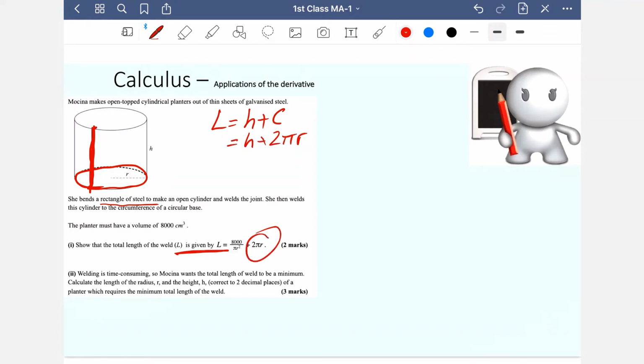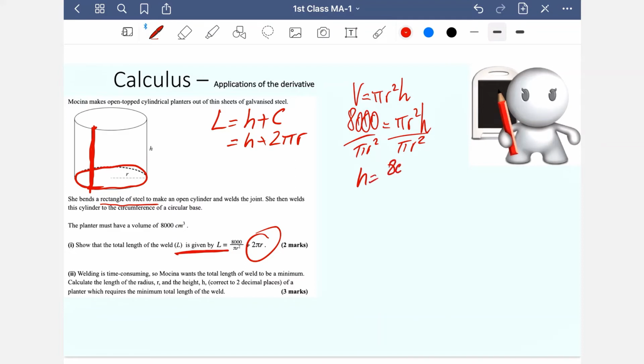I'm nearly there. I've got the 2 pi r part, but I need to somehow link the height to 8,000 over pi r squared. Well, what else have I been given? I've been given the volume, which is pi r squared h. And I've been given the volume is 8,000 cubic centimeters. All right, and there's my link. I'm going to divide both sides by pi r squared.